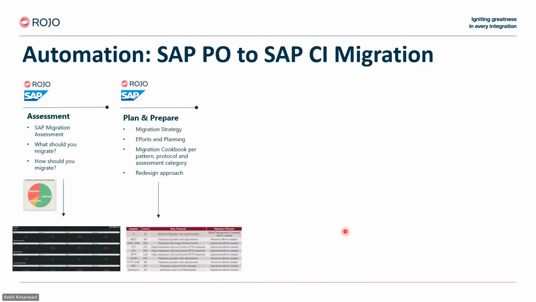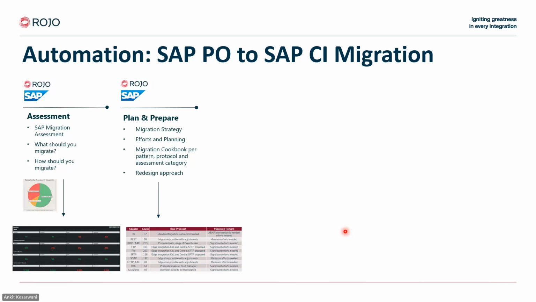So at a high level, this is about setting up the right governance for CI, since it is a new tool which we are adding in our landscape. So we have to have the right governance there. We have to introduce the right integration patterns which we will follow. And when we do so, it can also mean that we will have to enhance our integrations depending upon this governance and these integration patterns.